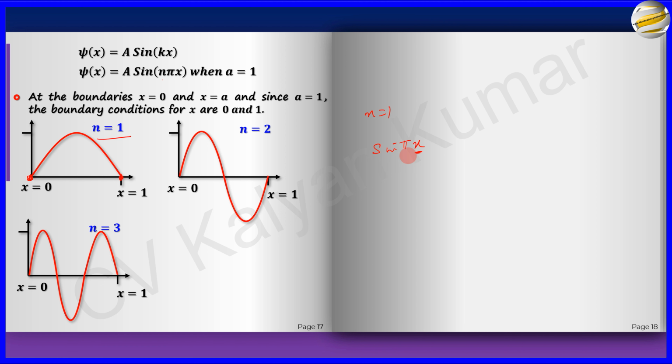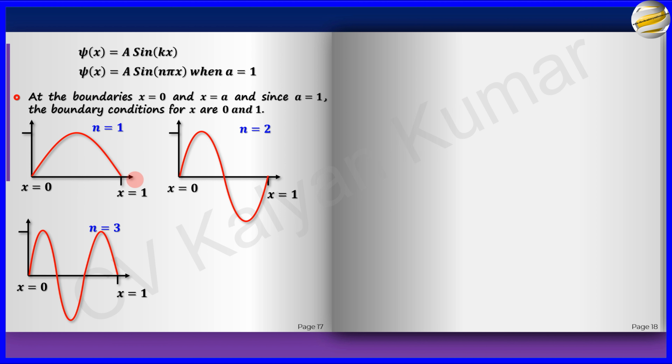And anywhere in between, remember pi is 180, right? So between the values of 0 to 180, this is 0, this is 90 degrees or pi by 2, and this is pi. So can you see for n equal to 1, this is the kind of graph you get. For the sine pi x graph, you will get one hump.